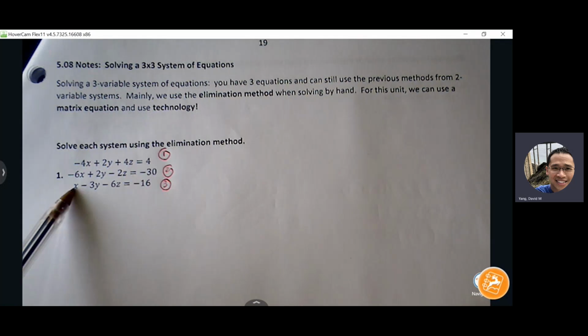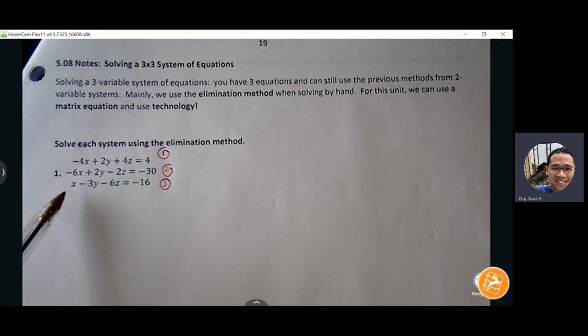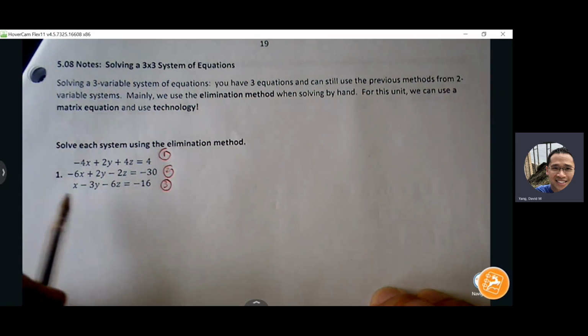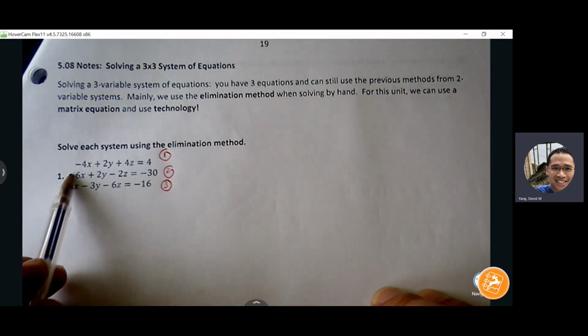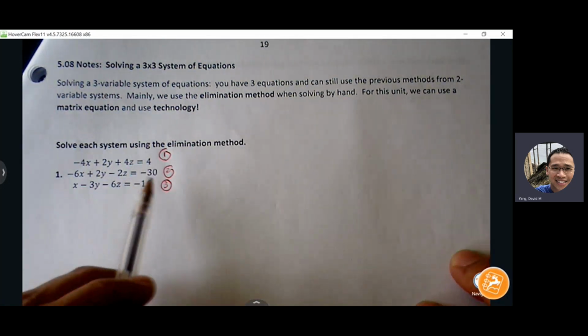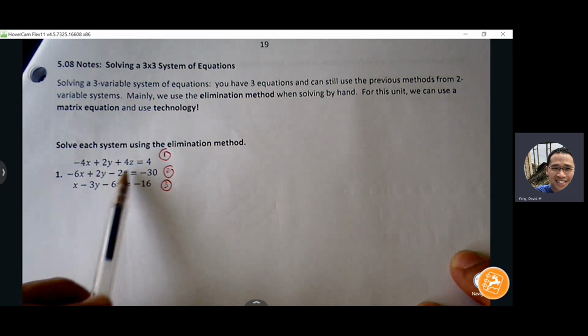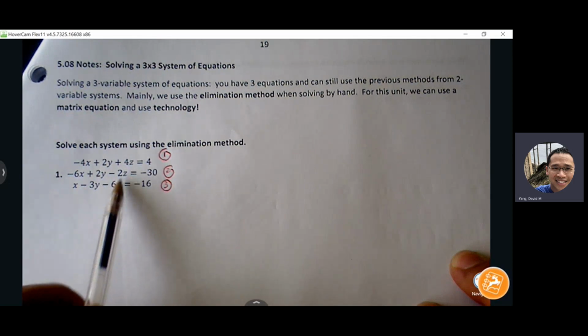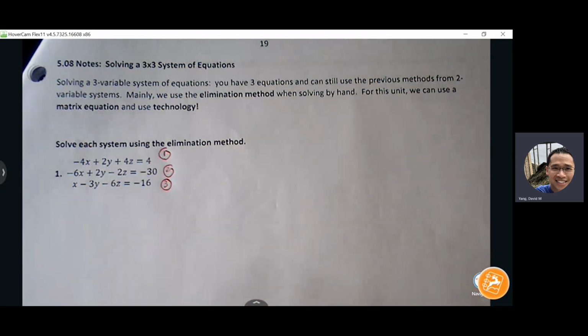So it looks like the negative 4x and x will be easy to pair up by just changing one of the coefficients. And I can also pair up the negative 6x and x, and that should be easy to eliminate. I can also go after the z's, maybe pair the 4 and 2, and then pair the 2 and the 6. But just so that we can stay together, let's just target the x's.